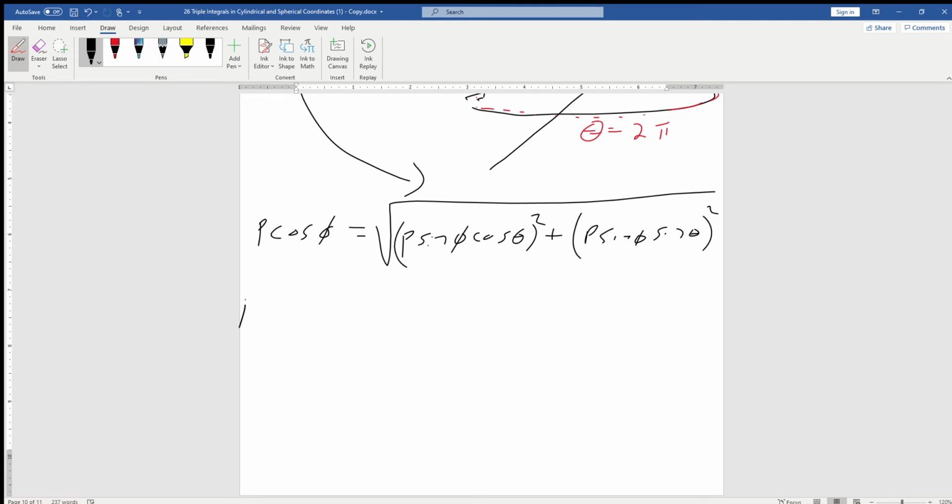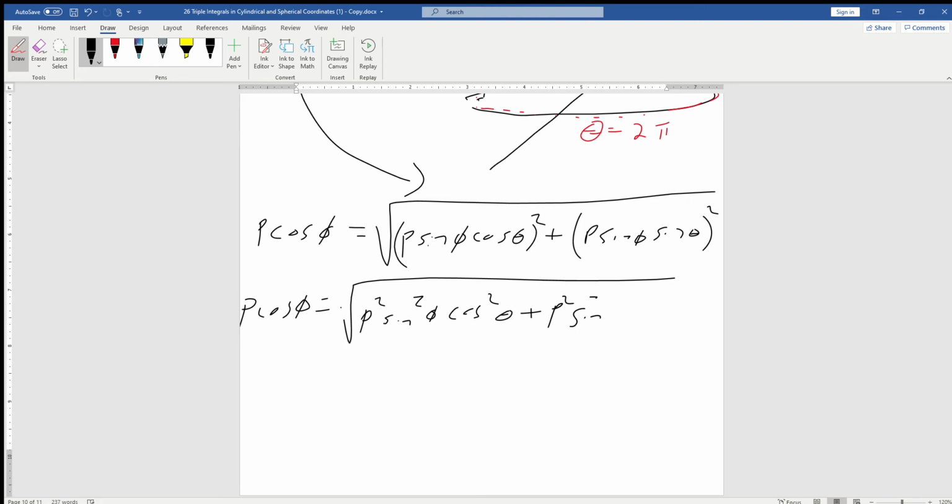So rho cos phi is going to be equal to, just bear with me, the square root of rho squared sine squared phi cos squared theta plus rho squared sine squared phi sine squared theta. What you probably notice is that there's a common factor of rho squared sine squared phi that exists in both of those, so let's factor that out.